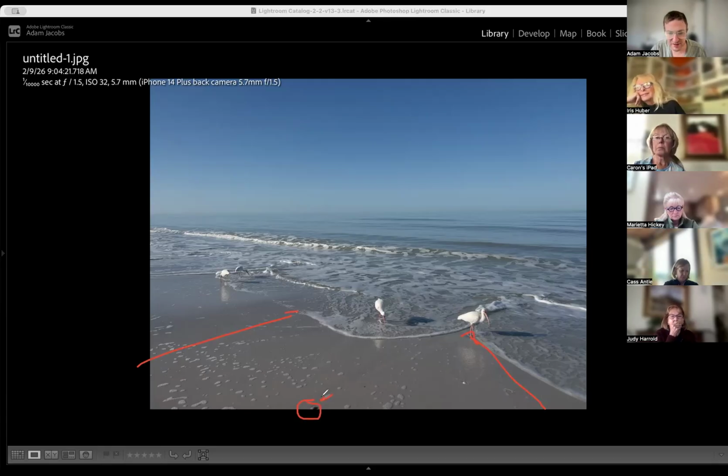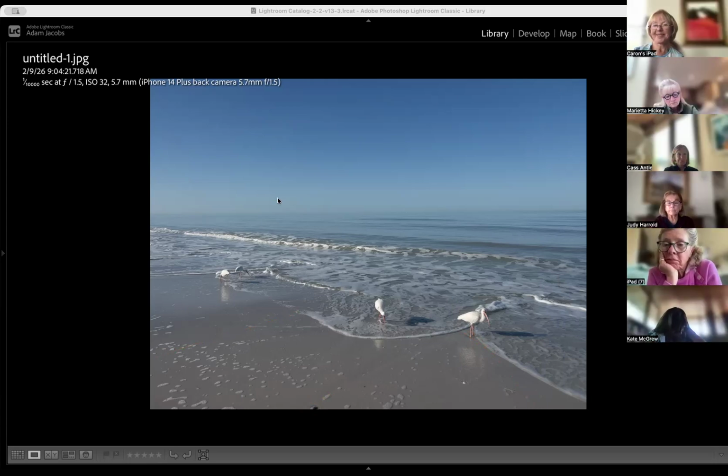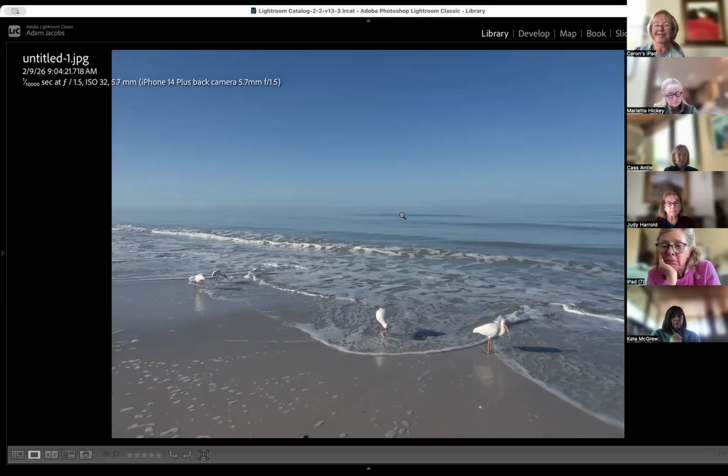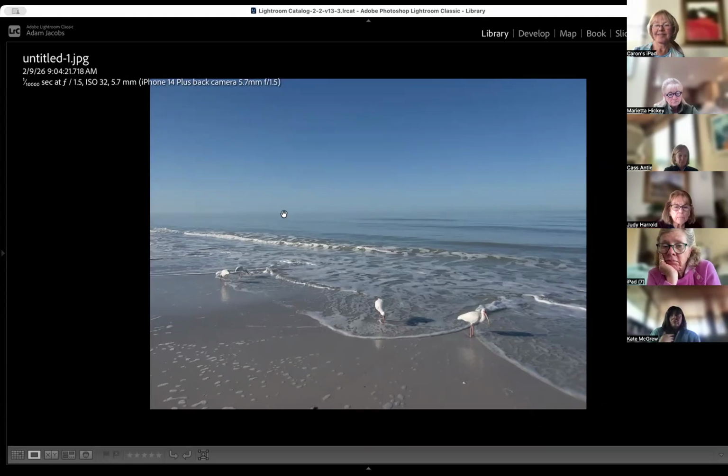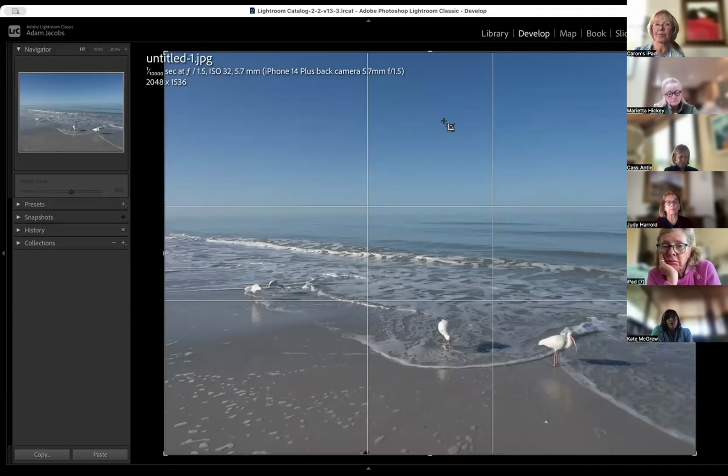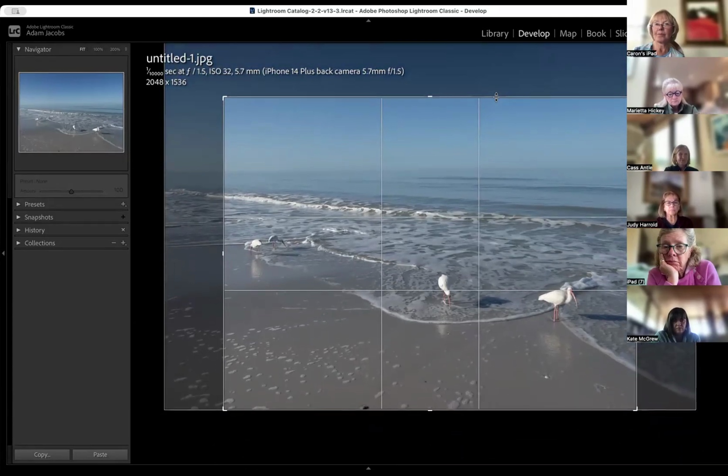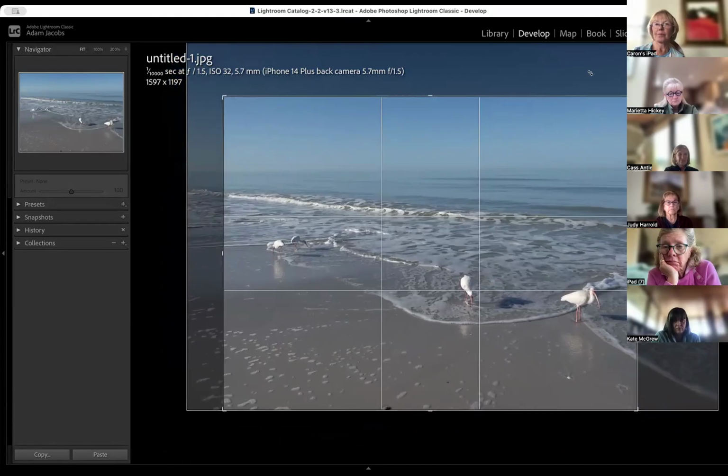Watch out for this thing at the bottom here. Whose was this? One of you. I think it's Carmel Beach, but I don't know. Look how the horizon is right through the middle, or pretty close. It's almost two thirds of the way up, but there's a lot of negative space here that we don't need.